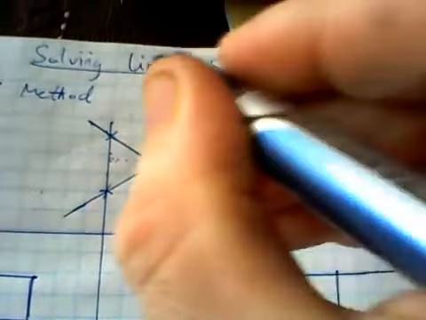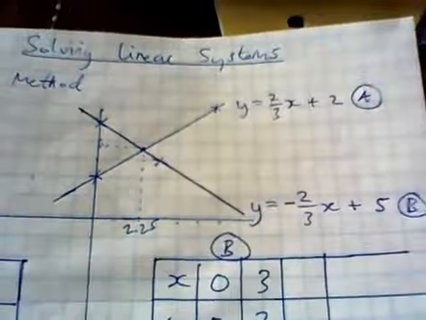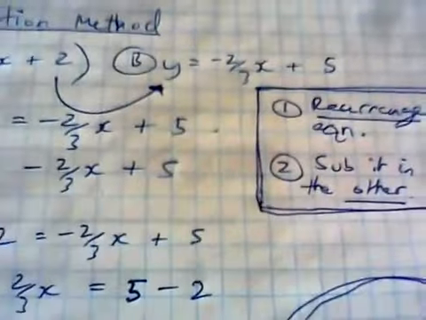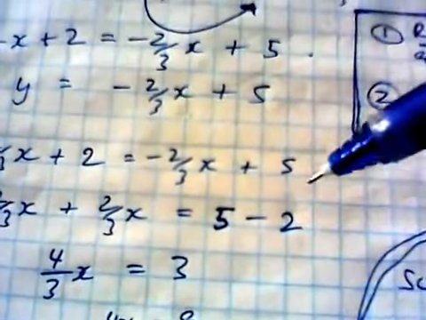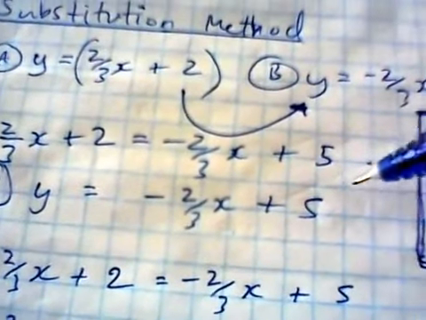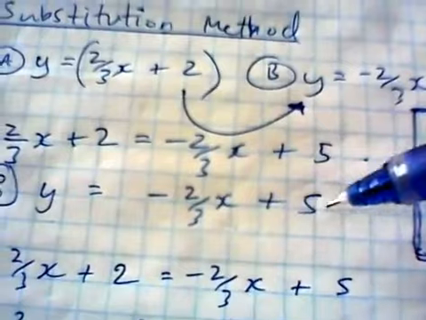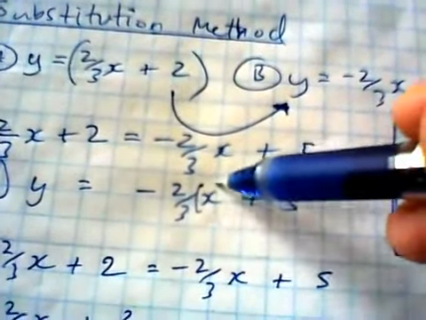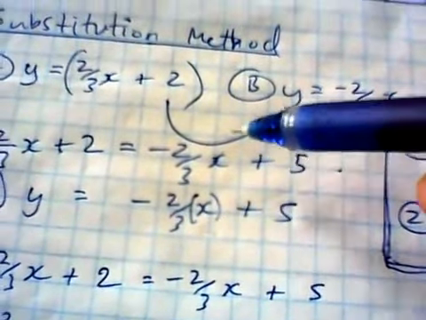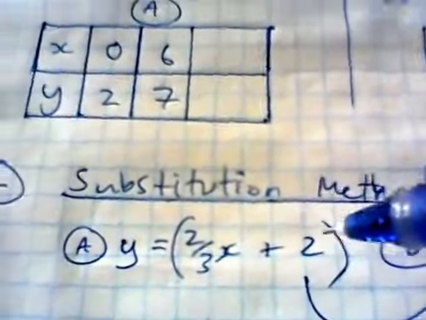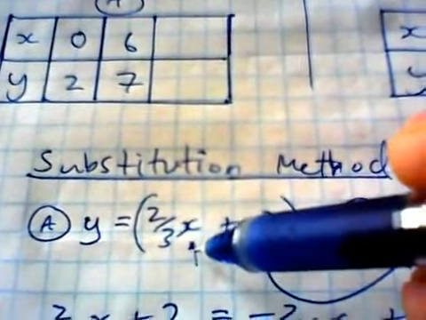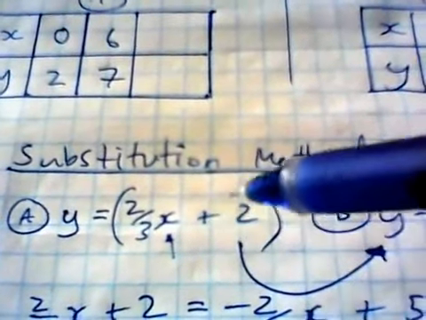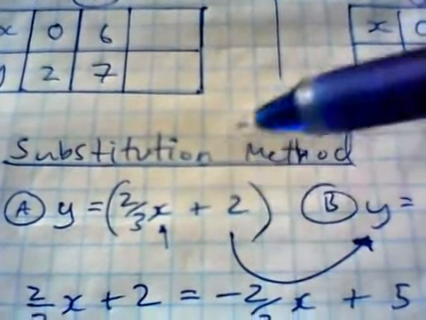Let's see if we were on track here. This looks like sort of 3.75. We'll take the x value down here, and we'll put that x value back into one of the original equations. So here, for instance, y equals minus 2/3 x plus 5. We shall replace that, or possibly in this one. Let's take this one, and we'll sub in x is 2 and a quarter in there.